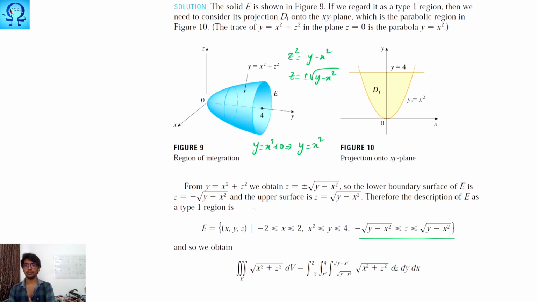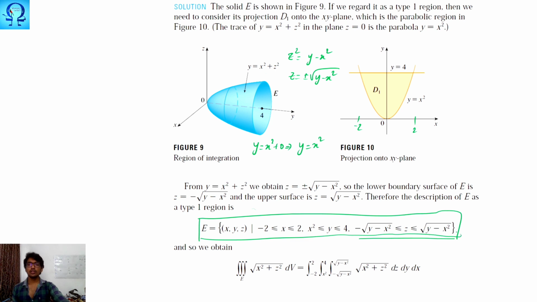This is one way. The other way is that x varies from minus 2 to plus 2 and y varies from x square to 4. So that is the second one that I explained. Over this we shall perform the integration.